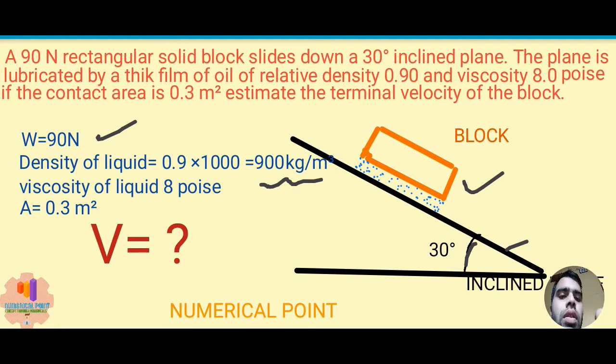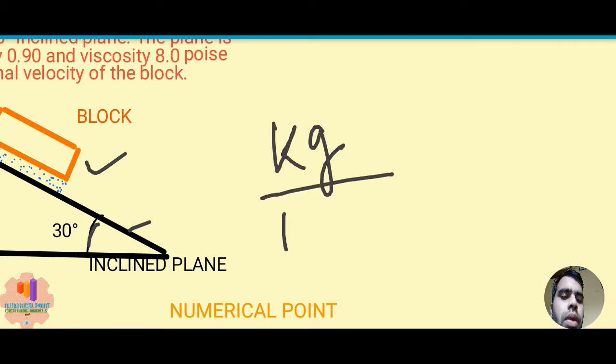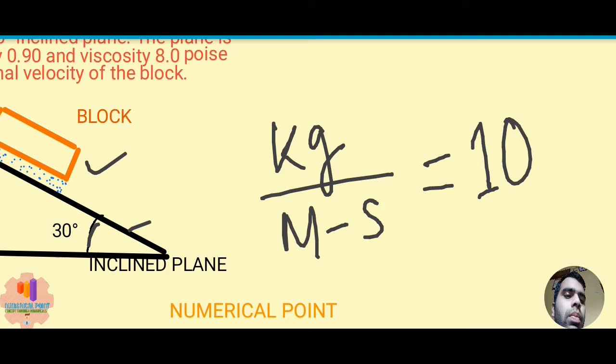Here the unit is poise, so I want to give you one conversion of the unit of viscosity. The unit of viscosity is kg per meter second, and this is written as 10 poise.